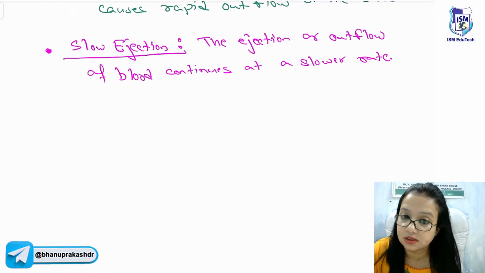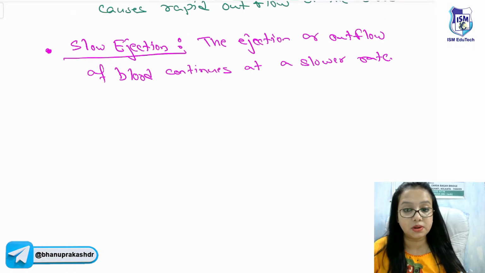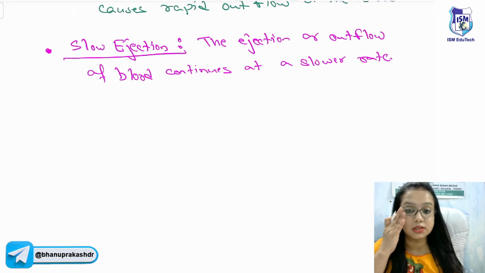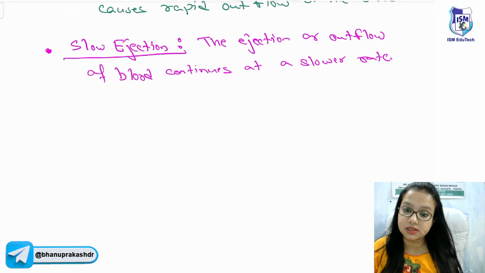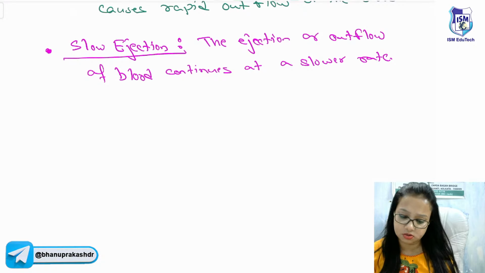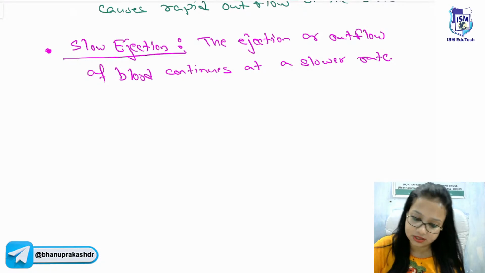Because during the rapid ejection, blood has been pumped out of the ventricle, so the blood in the ventricle has also become less, and the pressure in the ventricle drops, but still there is a little bit of squeezing out and pumping of the blood to the periphery, which is the slow ejection.